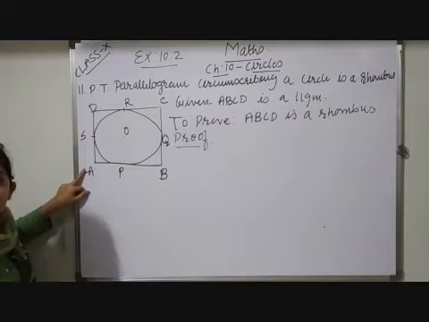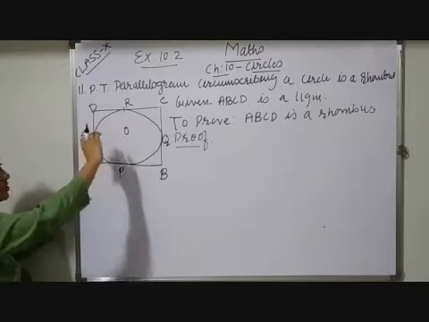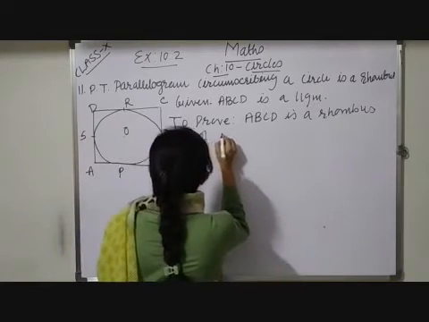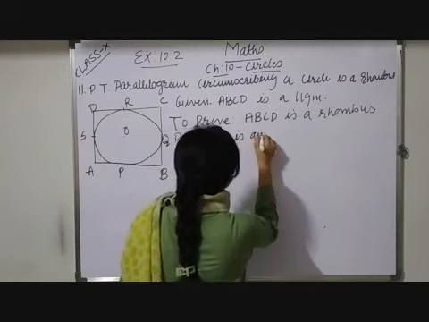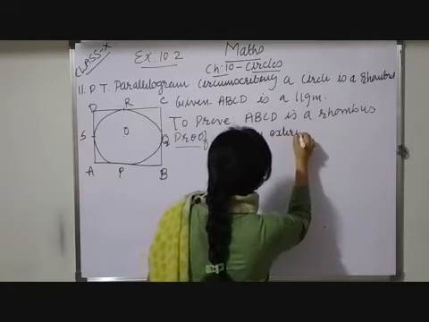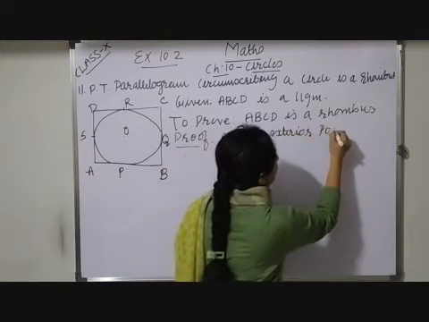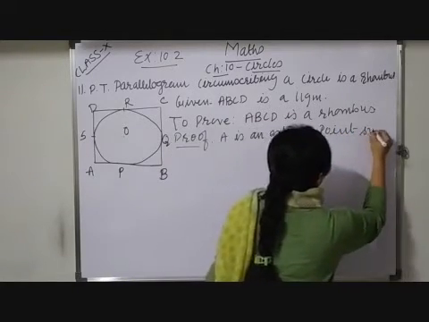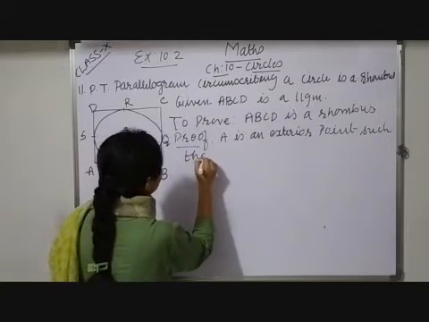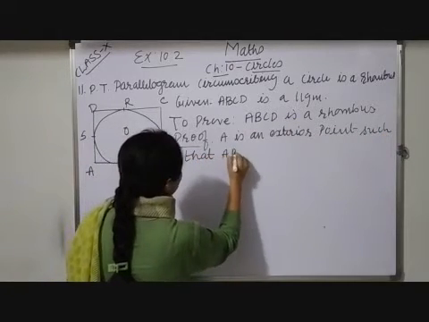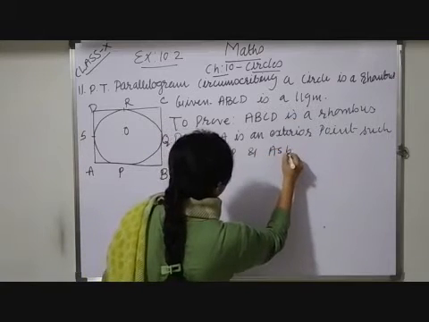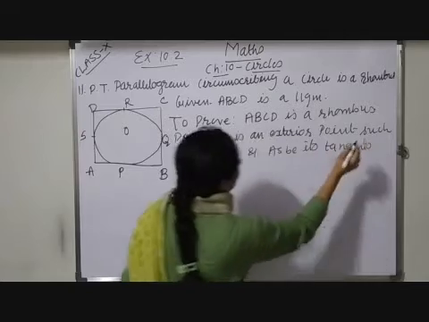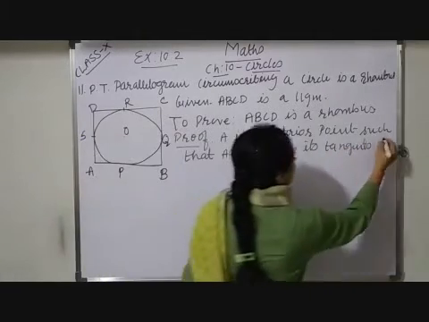If A is an exterior point, then AP and AS will be two equal tangents. So here I am writing: A is an exterior point such that AP and AS are tangents of a circle.